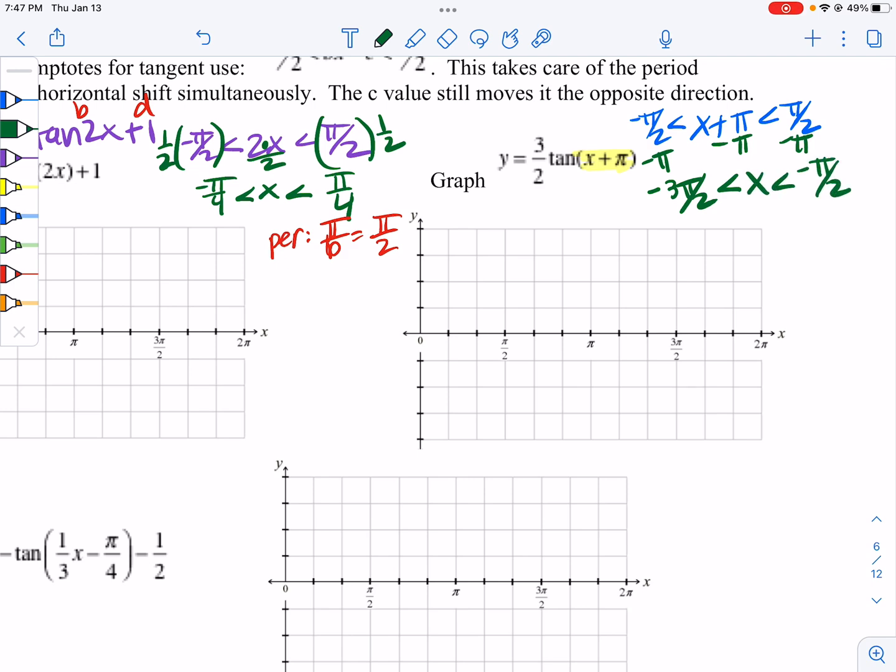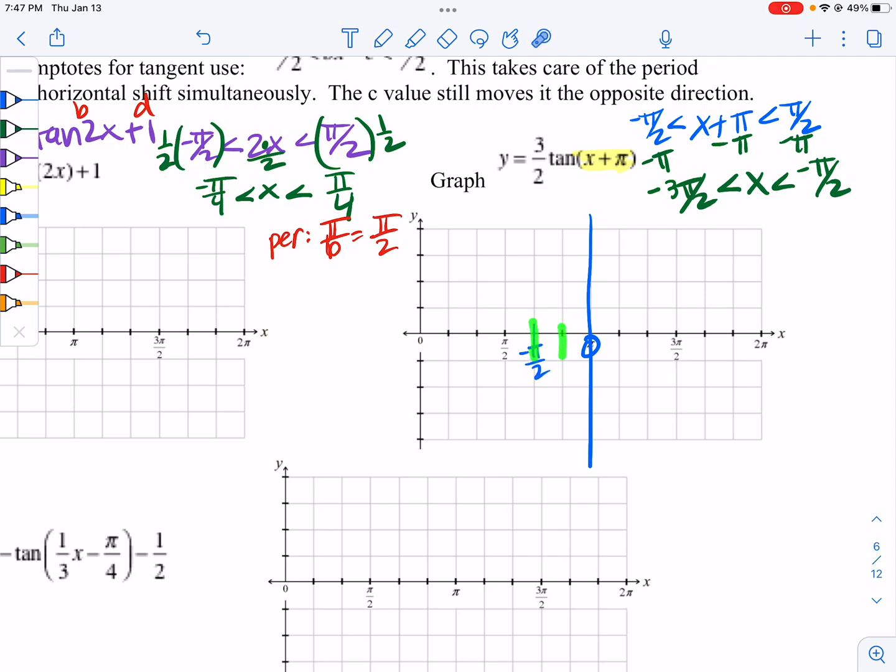Okay. So I'm going to move my y-axis to there. I'm going to call that 0. And then I'm just going to go 2 tick marks is pi halves. So that's negative pi halves. Oh, and then I wrote pi, not pi halves. Okay.